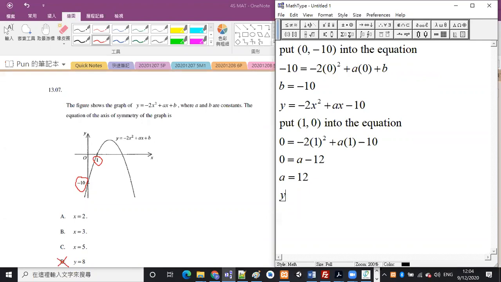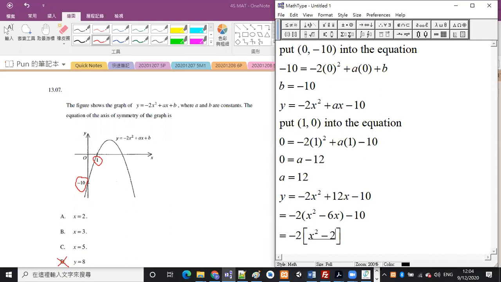Okay, so now we have complete information about the equation. y = -2x squared plus 12x minus 10, okay? And the question asks us to find the equation of the axis of symmetry. We need to change this from ABC form to AHK form. Like this, okay?